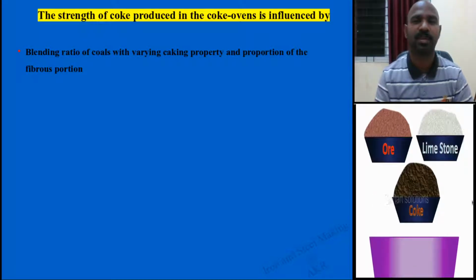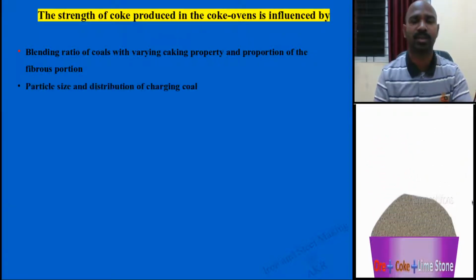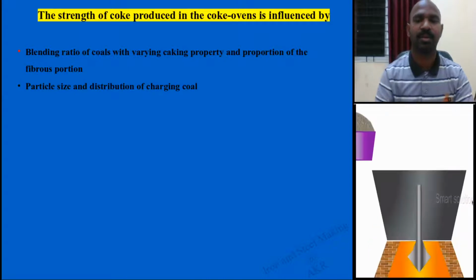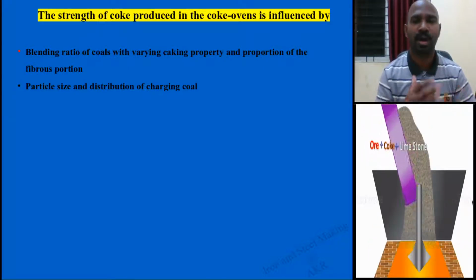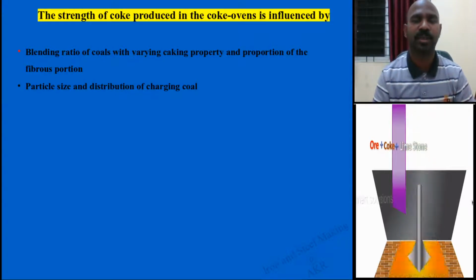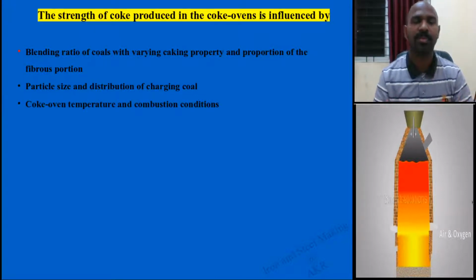What is the ratio? Proportion is one of the properties which influences a lot. And coke particle size, how is it distributed? Is it uniform or non-uniform while charging the coal, and during the conversion of the coal to coke? All these things are of interest.